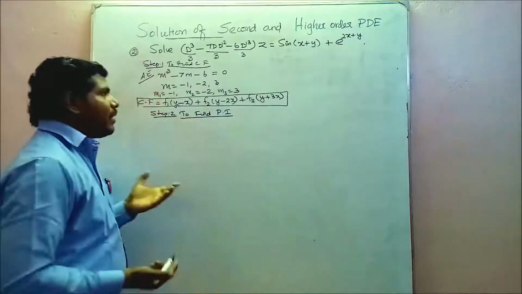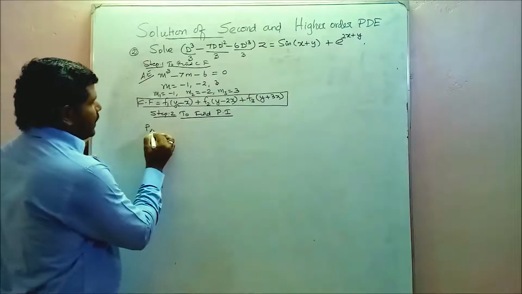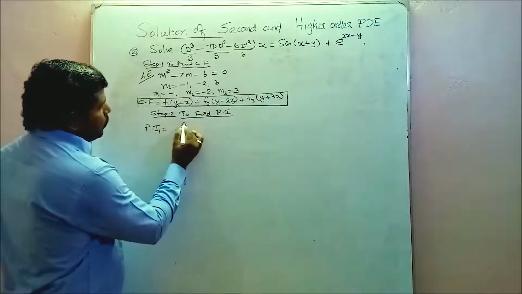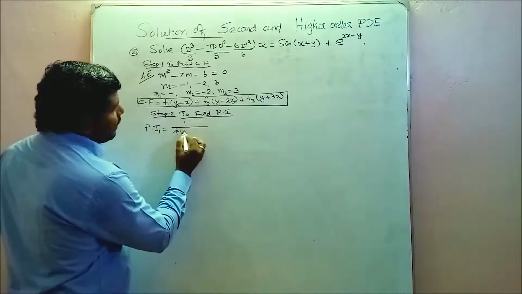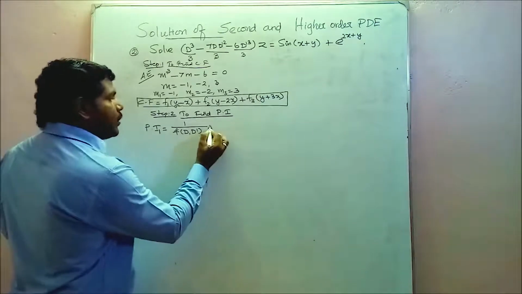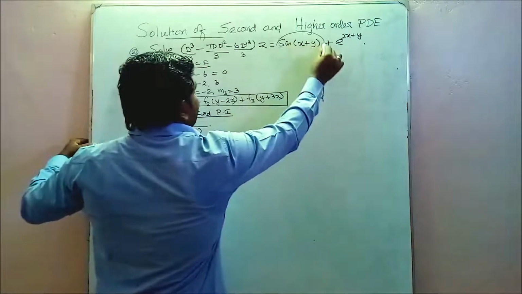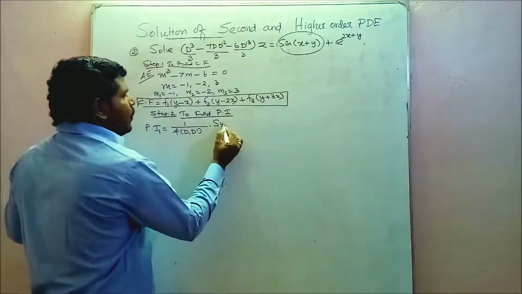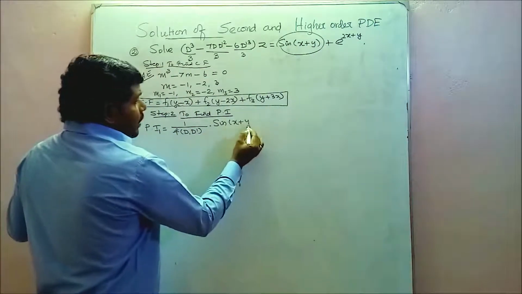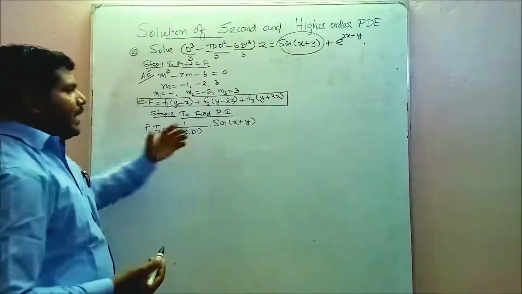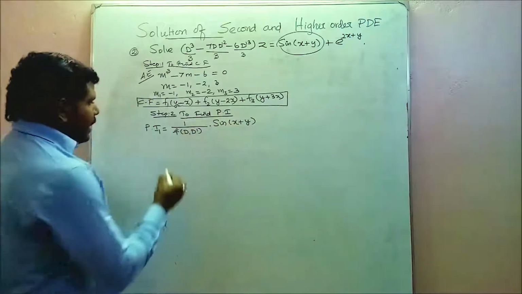So pi1 calculate பண்றதுக்கு, so you know the procedure. So pi1 is equal to 1 by f of d comma d dash into எந்த ஃபங்க்ஷனுக்கு pi1 calculate பண்றோம். So நம்ம ஃபர்ஸ்ட்ல இருக்கிற term sin, அப்ப sin of x plus y. So sin of x plus yங்கிற termக்கு எப்படி particular integral calculate பண்றது.